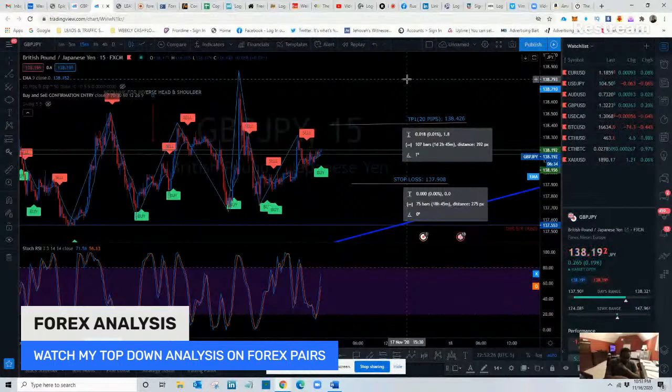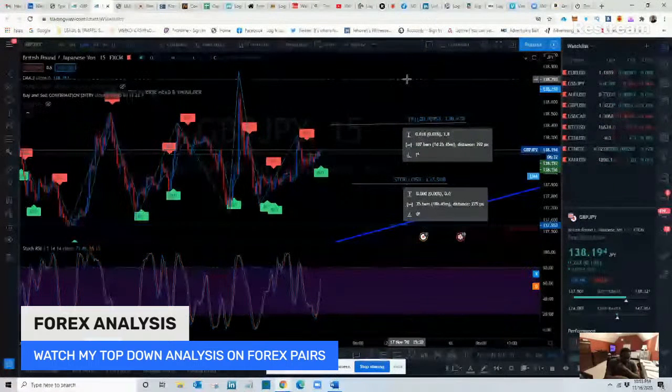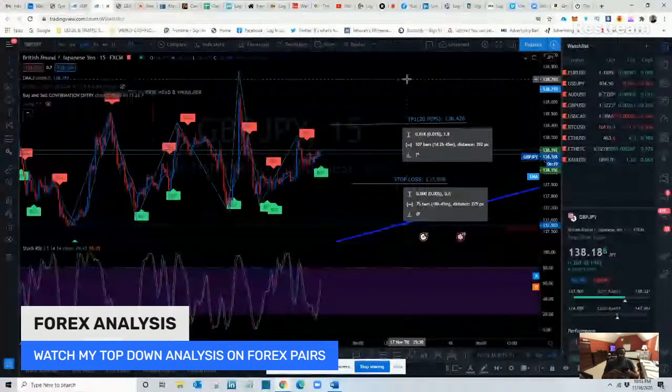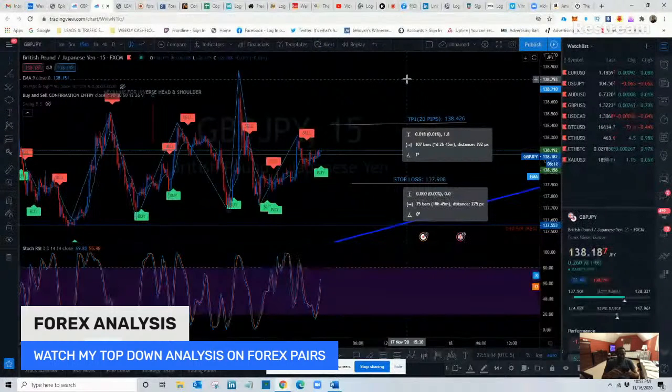So, see where price is in my MetaTrader 4. It's in a retest right now, so this is probably good.